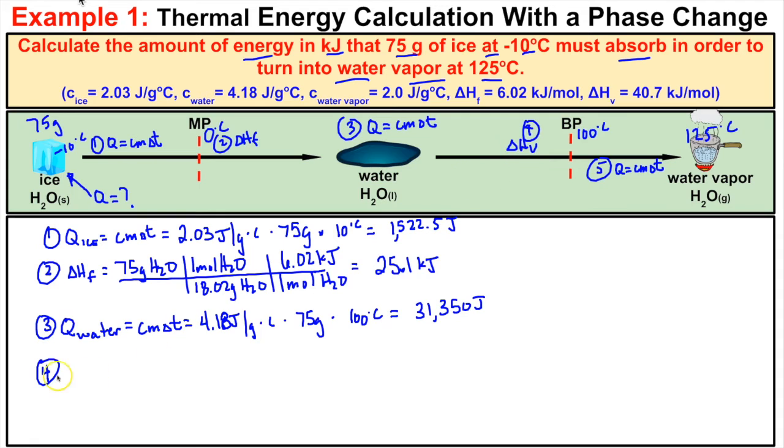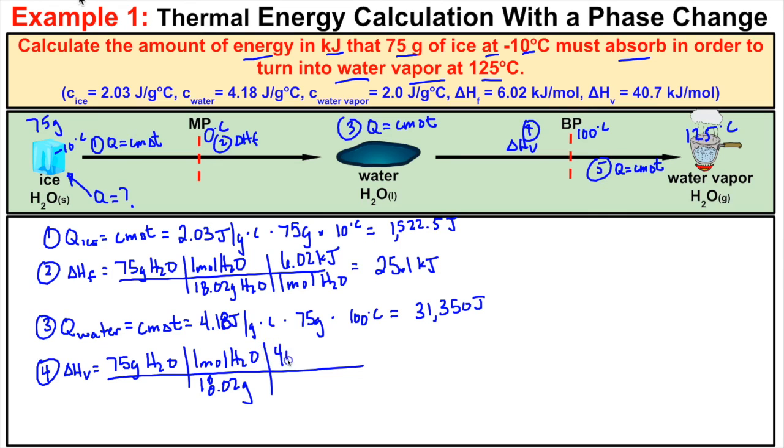In our fourth step, we are going to figure out our heat of vaporization. To get our heat of vaporization, we take the mass, 75 grams of water. We know 1 mole of H2O is 18.02 grams, and we know our heat of vaporization is 40.7 kilojoules per mole. This will stay positive because the water is boiling.